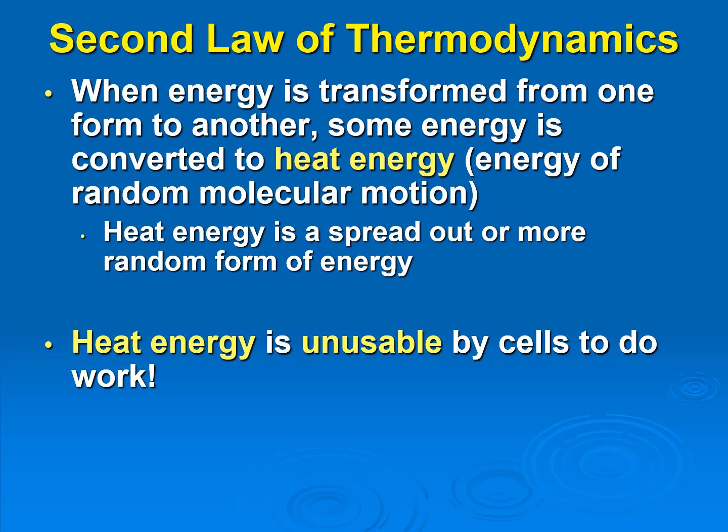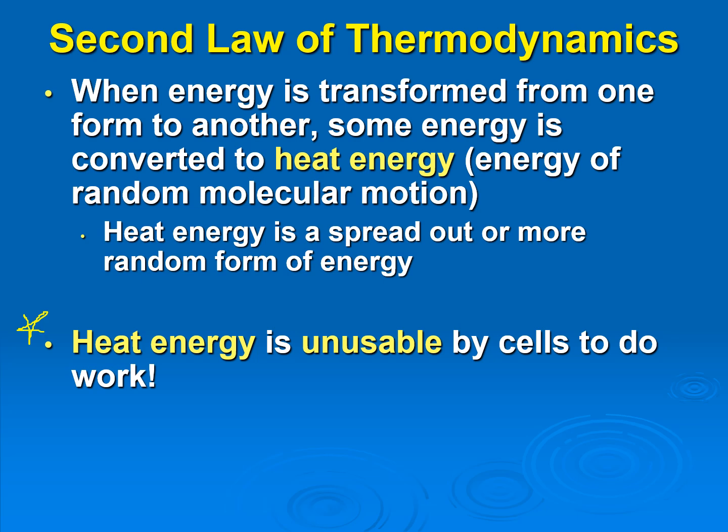Okay, so the other part of the second law of thermodynamics is that when we transform energy from one form to another, some of the energy is going to be converted to heat energy. And heat energy is a more spread out, random form of energy. And heat energy, unfortunately, is not usable by the cells to do any work with.